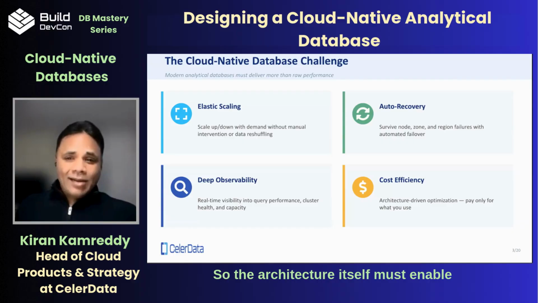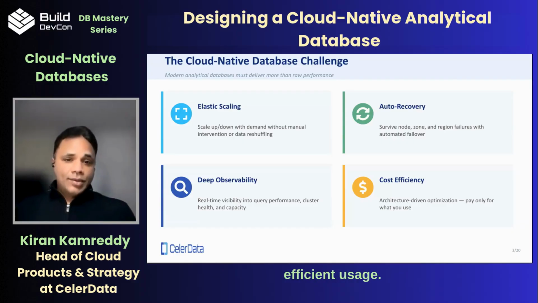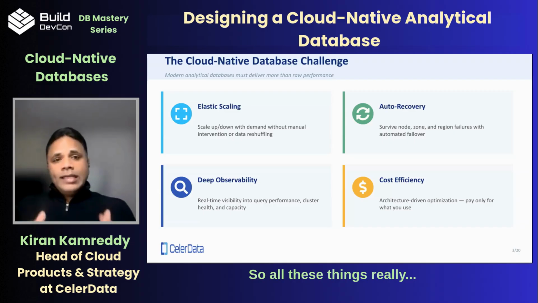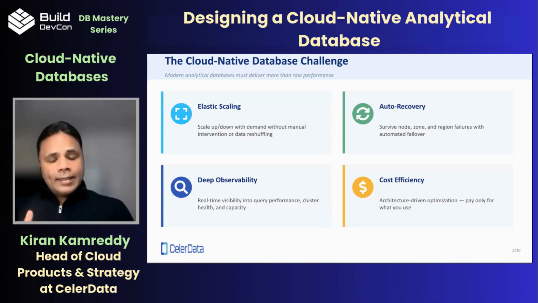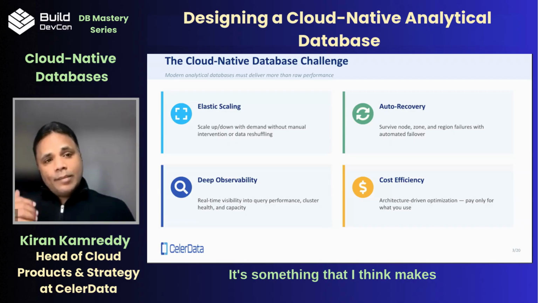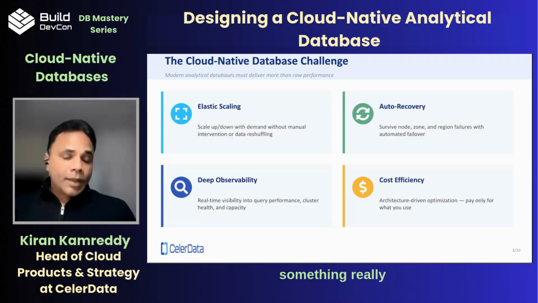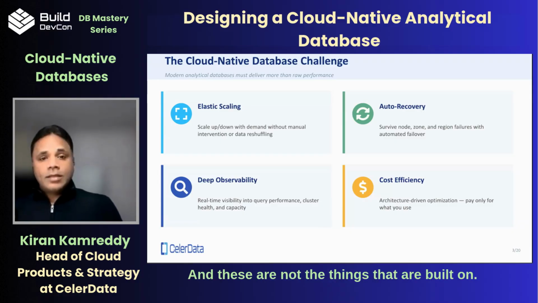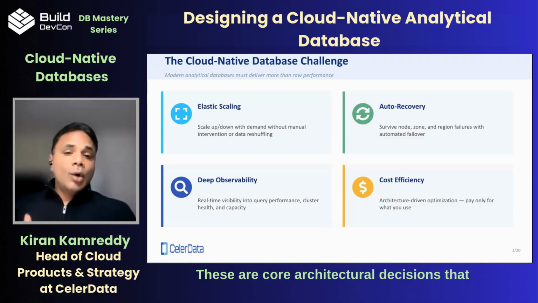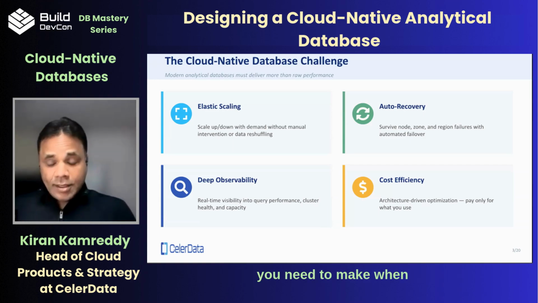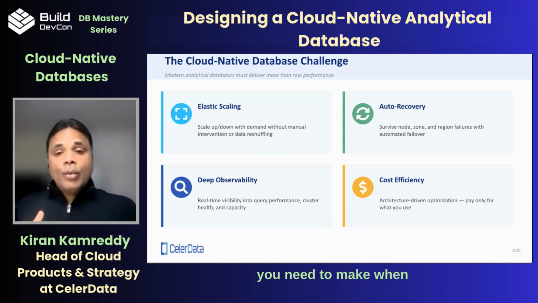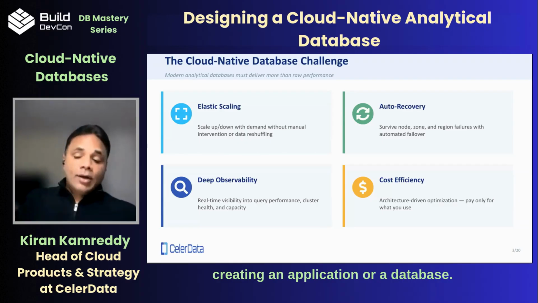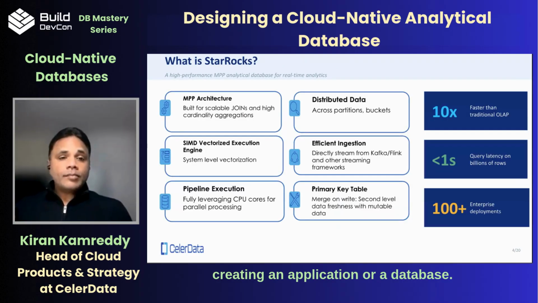So the architecture itself must enable efficient usage. All these things make something really cloud native. And these are not things that are bolted on. These are core architectural decisions that you need to make when creating an application or a database.